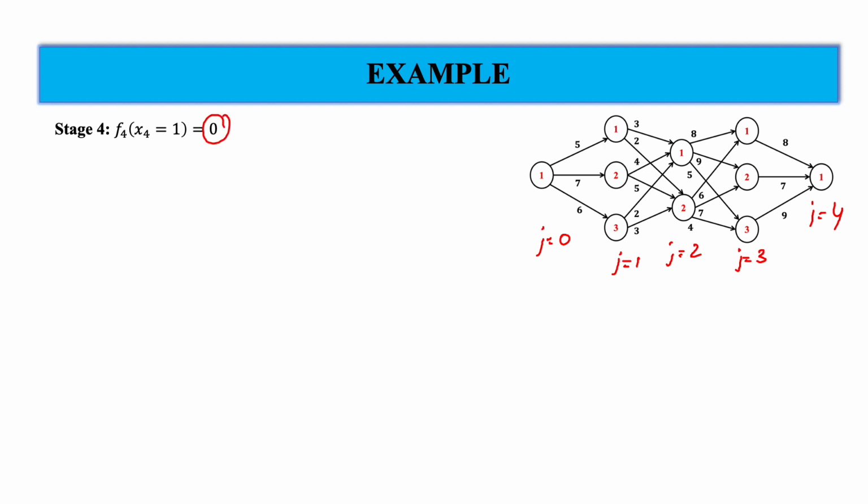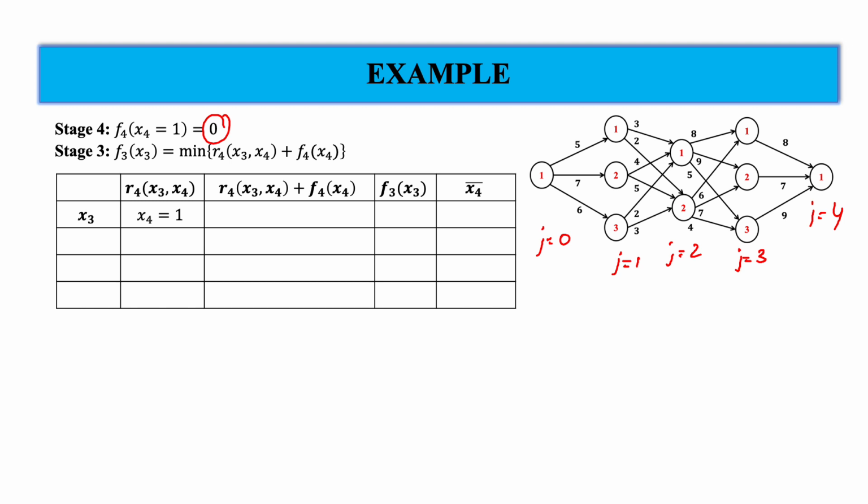Now we will find out stage 3. f3 x3 is the minimum of r4 x3 x4 plus f4 x4. First we will form the table, with x3 and x4. For x3 we are having 3 states, so we write 3 states, 1 2 3.